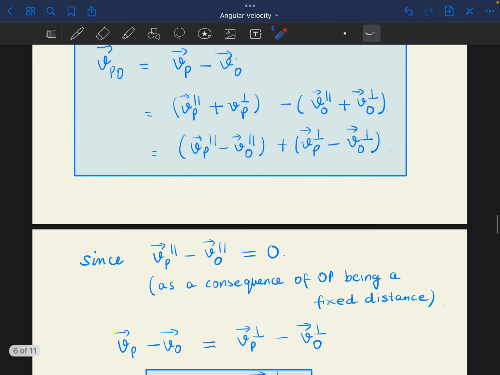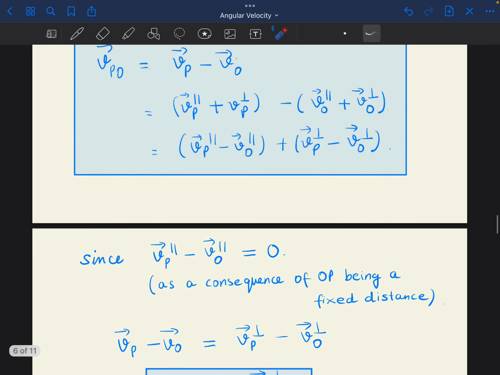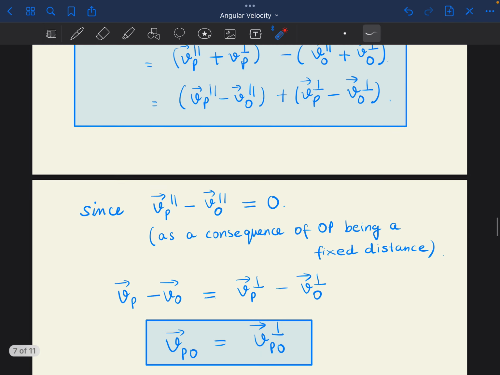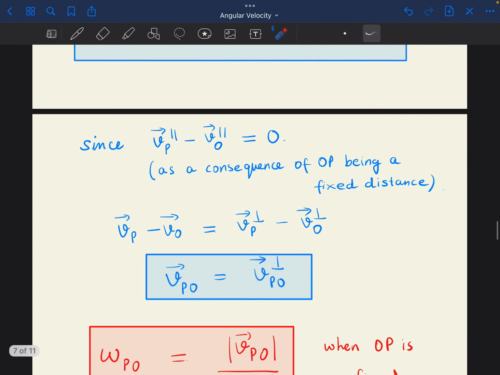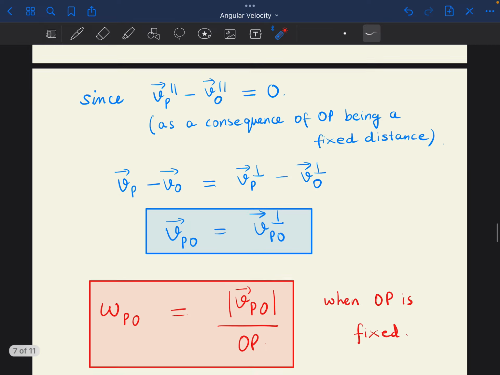Right? So here I've detailed the same thing, that in general, the parallel component of velocities will not be 0. But in our special case, the parallel components are the same. So the relative velocity is exactly equal to the relative velocity component along the perpendicular direction.